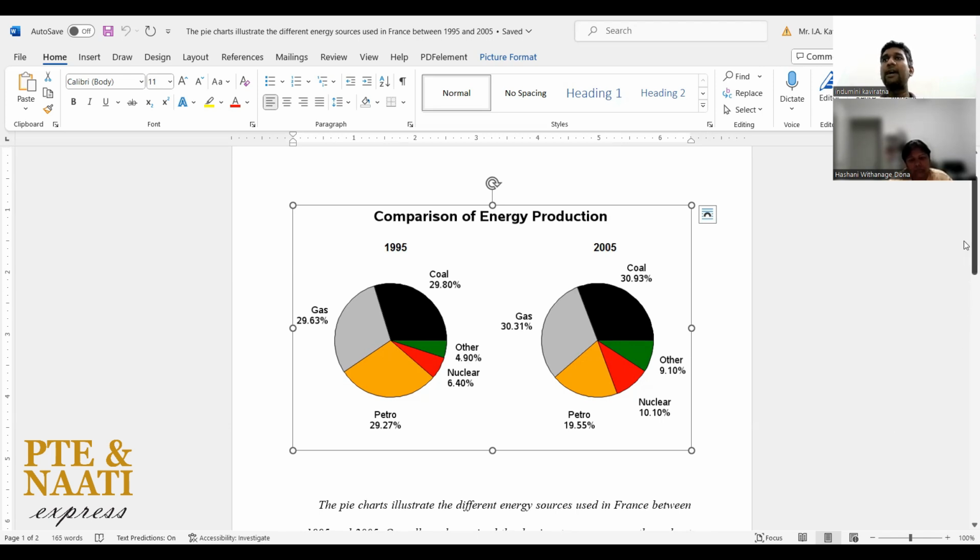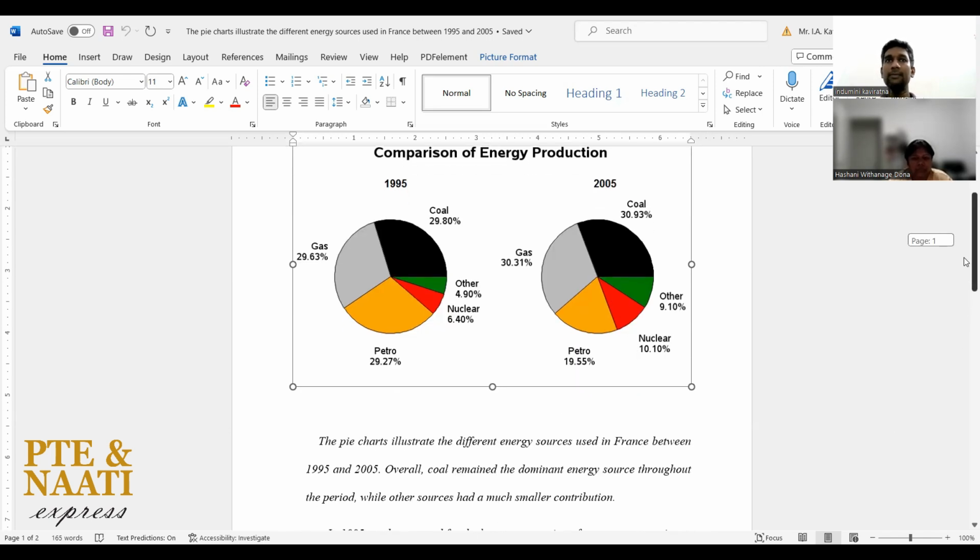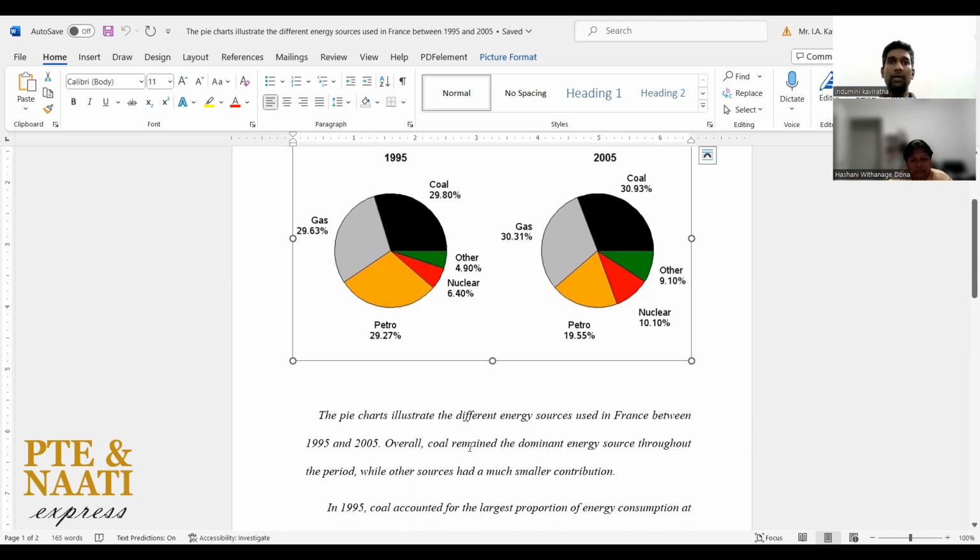That's why it says France. Overall, we are talking about the largest proportion, or what is significant that we can see. Overall, coal remained the dominant energy source throughout the period, while other sources had a much smaller contribution.